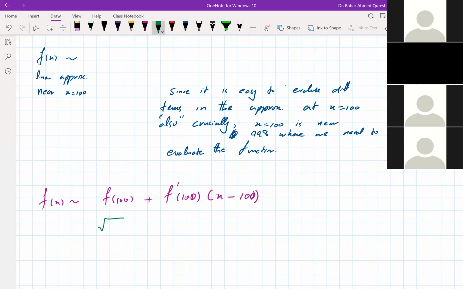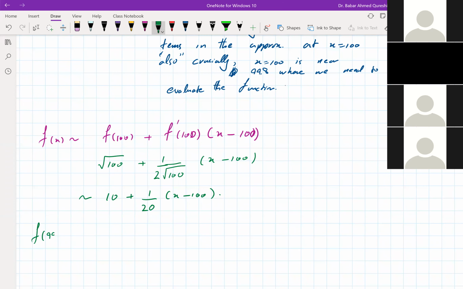So this gives me the square root of 100 plus the derivative of the square root function at 100 times x minus 100. So this gives you 10 plus 1 over 20 times x minus 100.